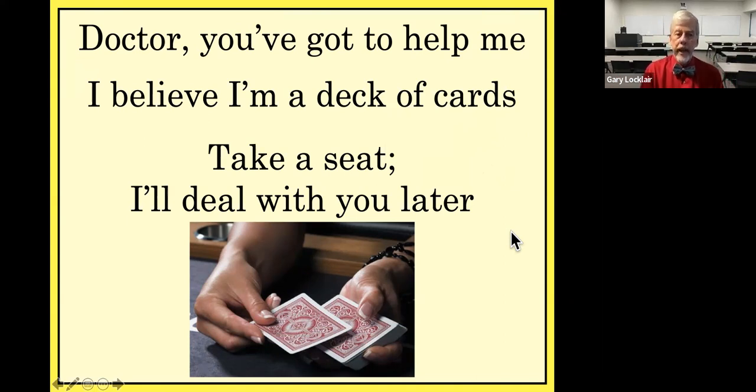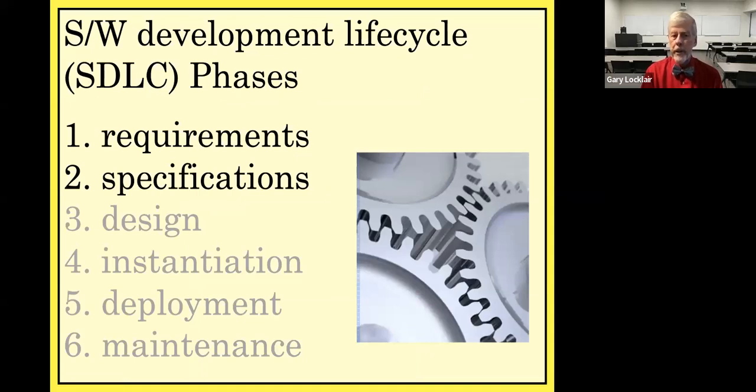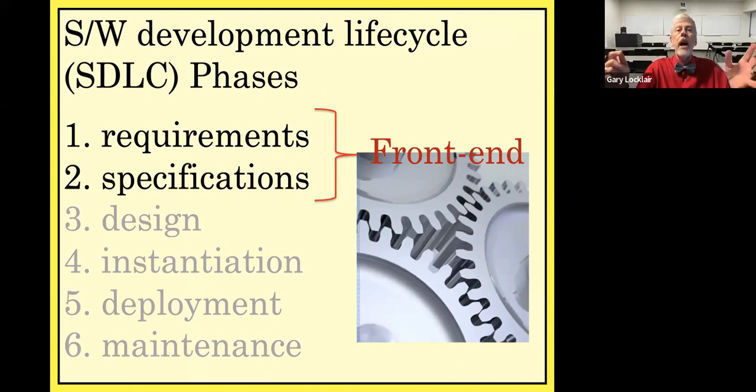Our software development lifecycle has 6 identifiable phases. We've talked about requirements. I'll review that just slightly now, and then we'll move on to specifications. The first 2 aspects of the software development lifecycle, sometimes you'll hear people call it the front end of the SDLC. Now, warning, front end has a different terminology in other aspects of computer science.